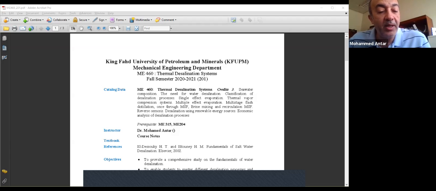They are small in size. You can stack them so that you can produce more and more desalinated water. There exist RO plants that can produce up to 600,000 cubic meters per day, and they are going for more because you just stack units next to each other.